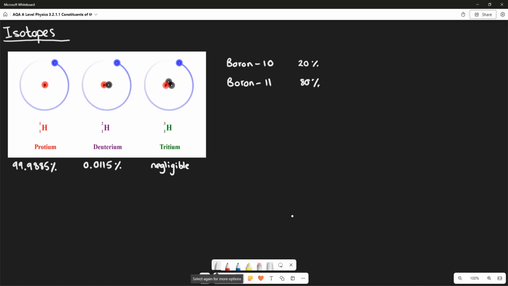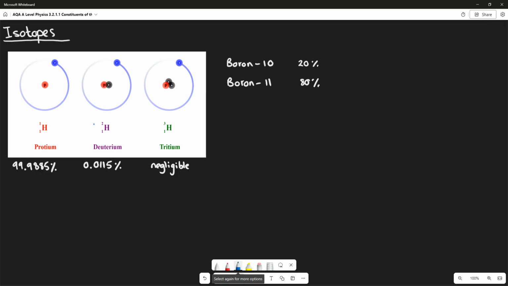Okay, so the word isotope means a different version of an element. The example that we've got here is hydrogen, and hydrogen has 3 isotopes. It has the isotope with a mass of 1, so just a single proton inside the nucleus.